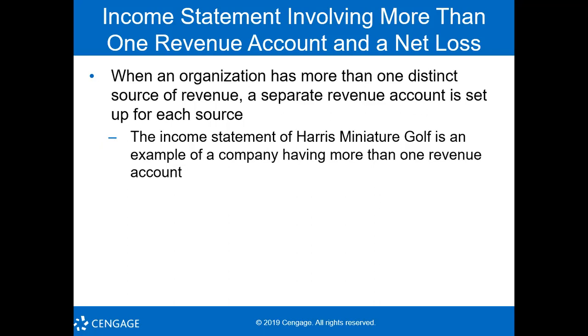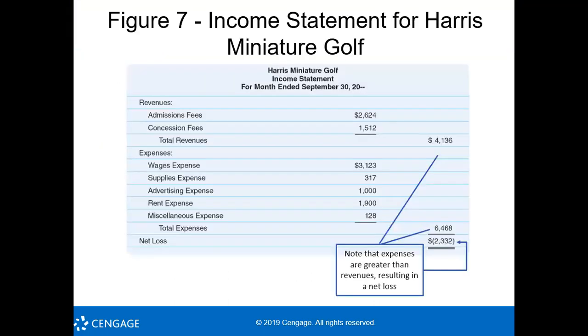Our expenses were greater than our revenues. So that's what we're seeing in this example. We've got total revenues, $4,136. We've got expenses, $64.68. Again, revenue minus expenses. In this case, because expenses are greater than revenues, we have a net loss, a negative number, right?